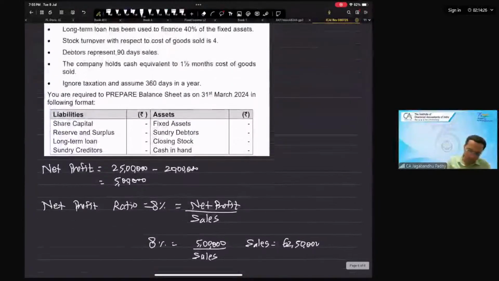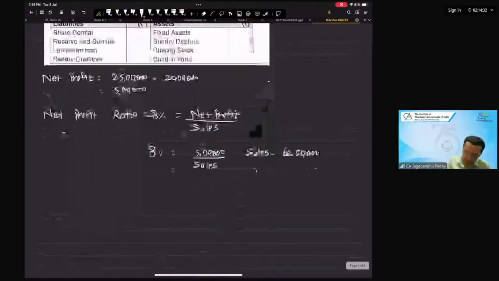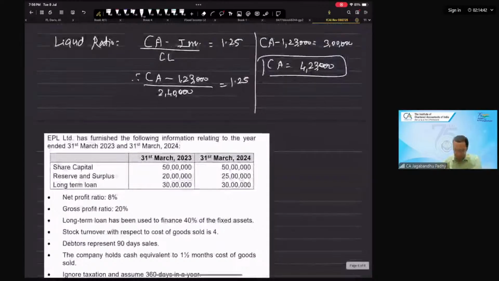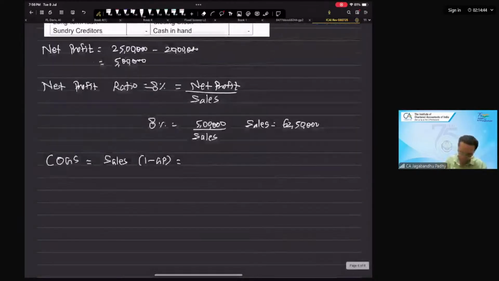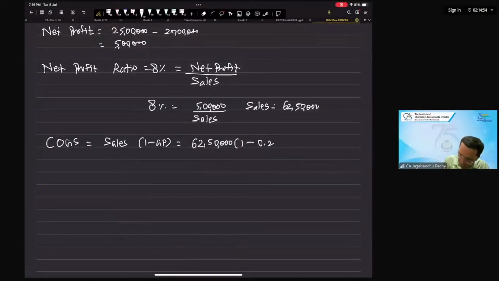Now, based on sales, we can get the COGS, because that is going to help us get the remaining values. So COGS is sales into 1 minus GP. Sales is 62 lakh 50,000 into 1 minus GP ratio of 20%, 1 minus 0.2.